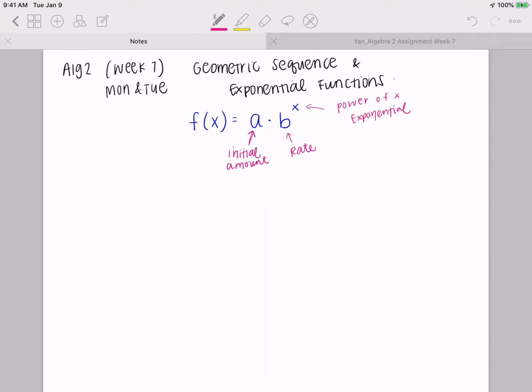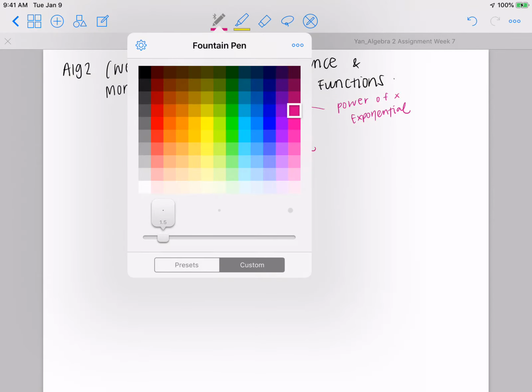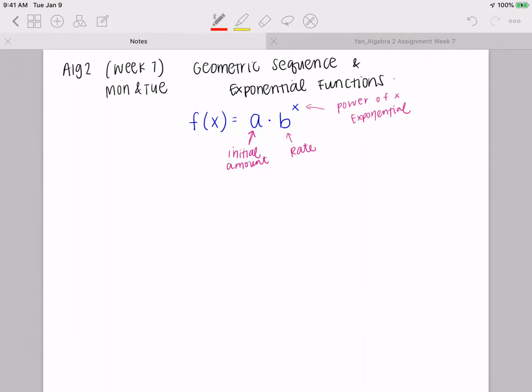So I'm going to show you guys two sequences here. Sequences are just like patterns, like what we did at the beginning of the year. If I have 2, 4, 6, 8, 10, 12, dot, dot, dot, and I have 2, 4, 8, 16, 32, 64, dot, dot, dot.